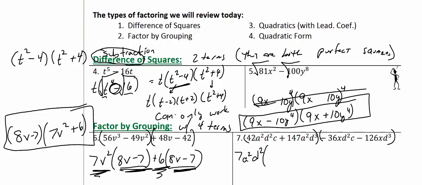What is left? 7 times 6. A squared, d squareds are good. C. So 6c. 7 times what is 147? That would be 21. So that would be 21. A squared's good. D, I need a D right there.